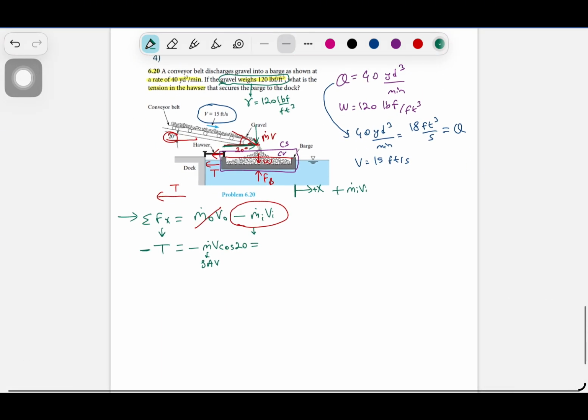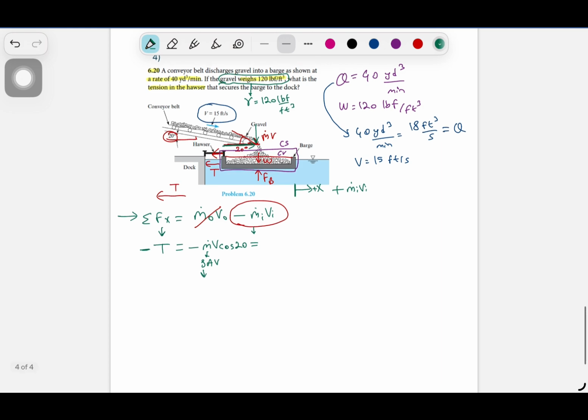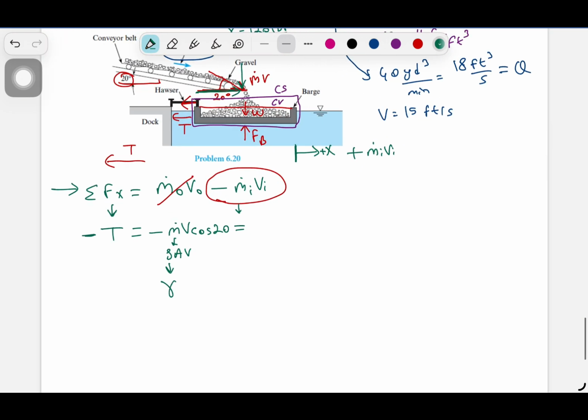And we need to find rho. So if we use this form, specific weight is equal to rho times g. Rho is actually equal to specific weight over gravitational acceleration.